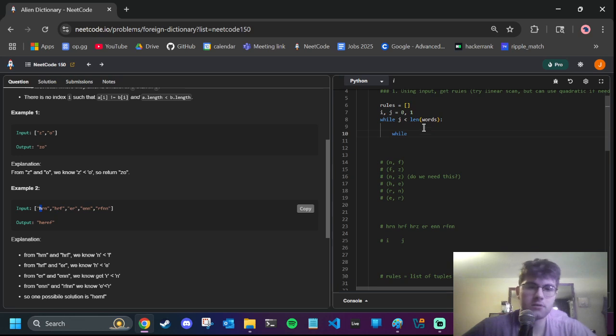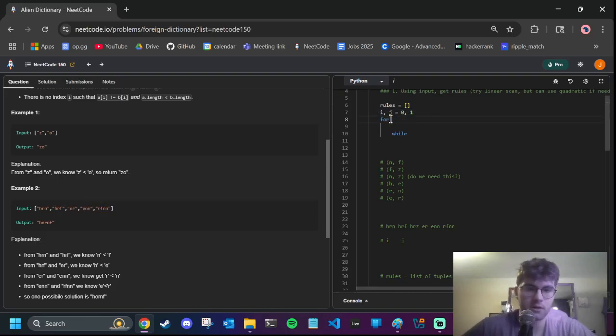I think we need 2 more pointers because we have to access each individual letter, but we don't want to lose our initial 0 and 1. Well, I don't think we need this, because with the linear comparisons, it's always just going to be this, and then this, and then this, and then this. So we can use a for loop for that.